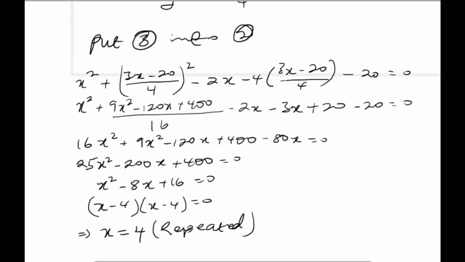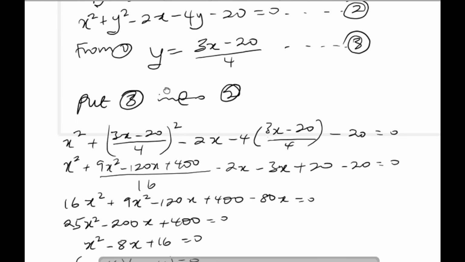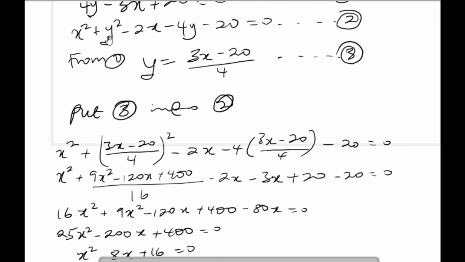So let me quickly go through substituting equation 3 into equation 2. Wherever we see y, we substitute the y value there. So that's why we have y squared here, then 4y is also here, equal to 0.